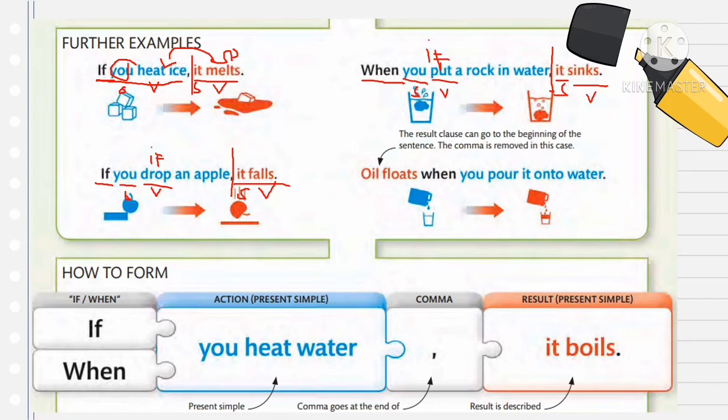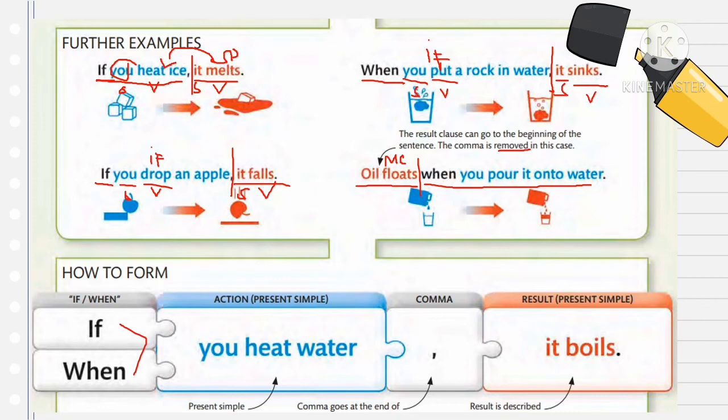The result clause can go to the beginning of the sentence. The comma is removed. For example, oil floats when you pour it onto water. In this sentence, the main clause starts at the beginning of the sentence, and then the if clause or the dependent clause starts after the main clause. How to form zero conditional?